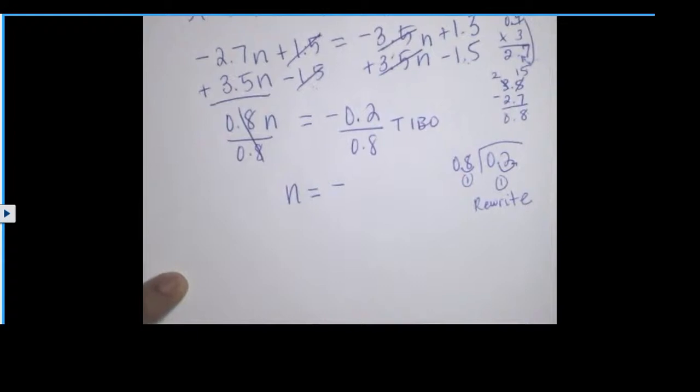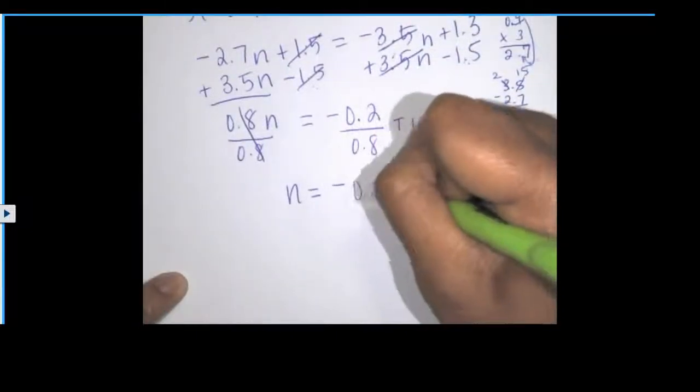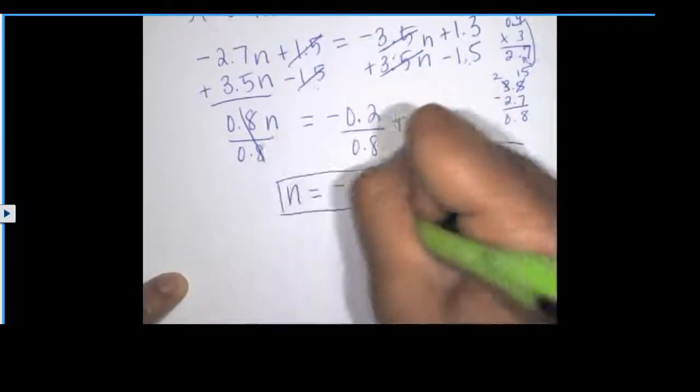So that becomes 8 dividing into 2.0. Bring the decimal point up. And 8 can't go into 2, but 8 goes into 20 2 times for 16. Subtract for 4, bring another 0 down, and 8 goes into 40 5 times with no remainder. So the answer is negative 0.25 for n for this one.